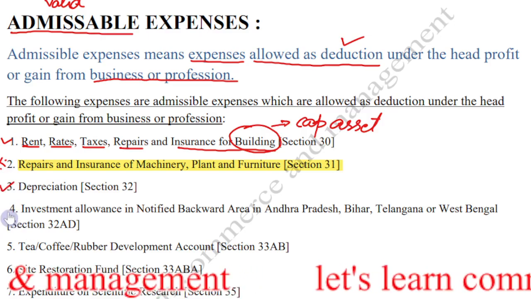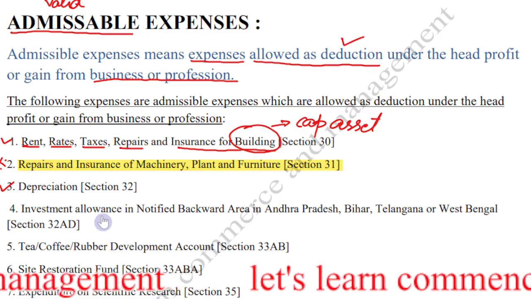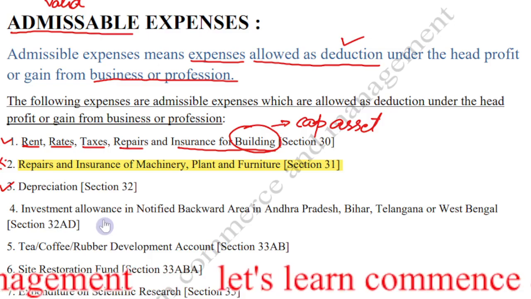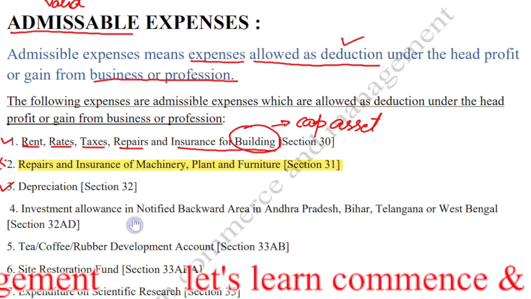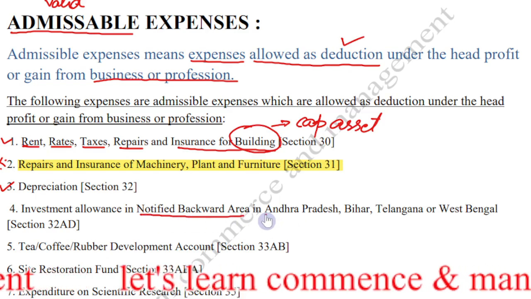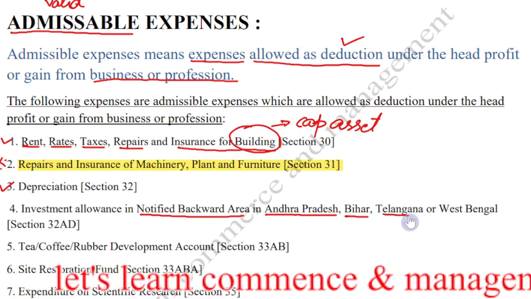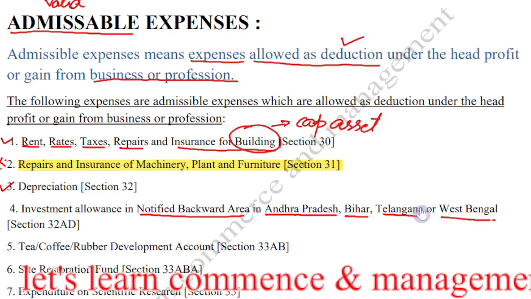Then investment allowance. Any investment allowance made by the business or profession in notified backward areas in Andhra Pradesh, Bihar, Telangana, West Bengal.